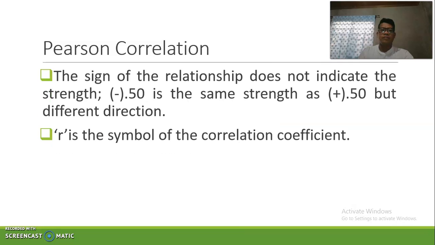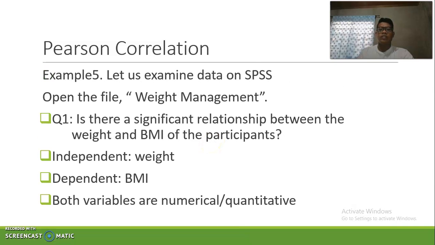The sign of the relationship does not indicate the strength. So negative 0.5 is the same as 0.5, the only difference is the direction of the data. R is the symbol for the correlation coefficient.